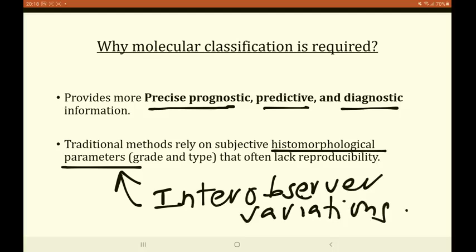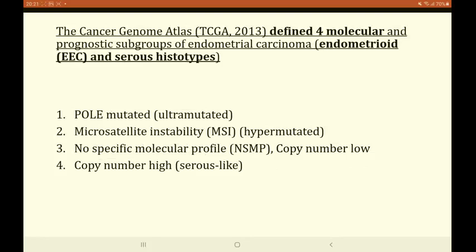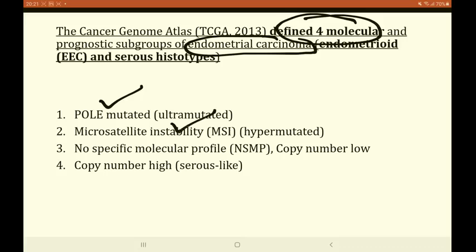That is why molecular classification is well sought after. The TCGA has categorized endometrial carcinoma into 4 categories: the first is the POLE mutated group, the second is microsatellite instability, the third is copy number low, and the fourth is copy number high.